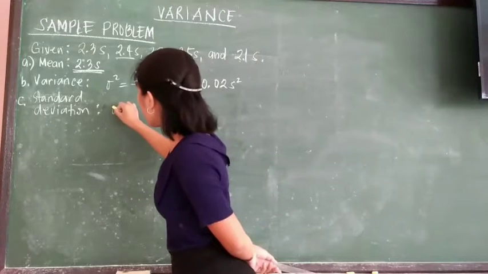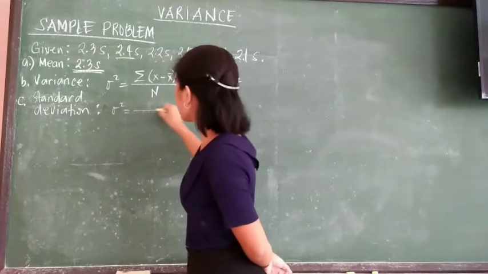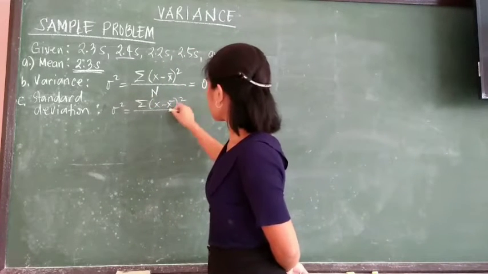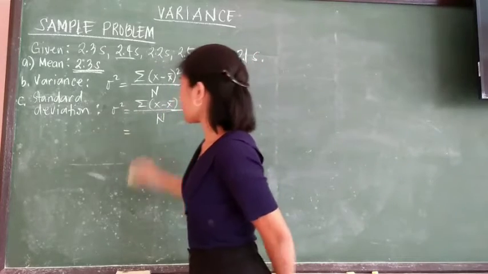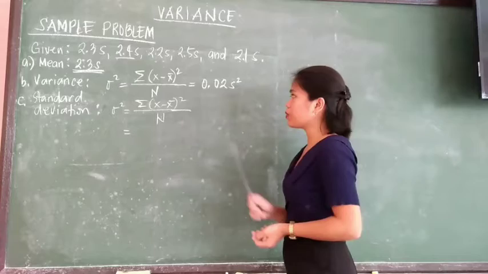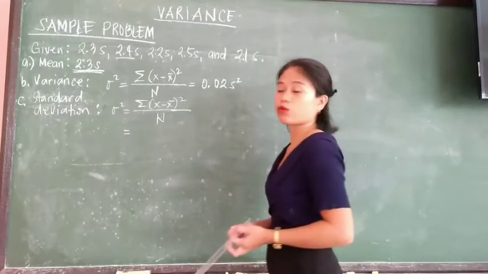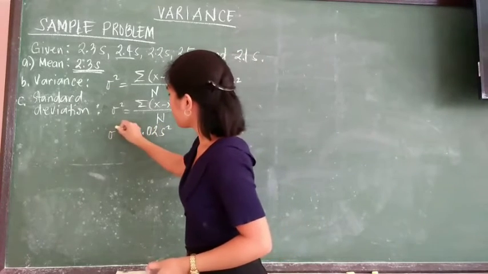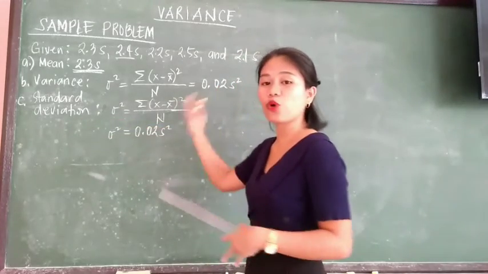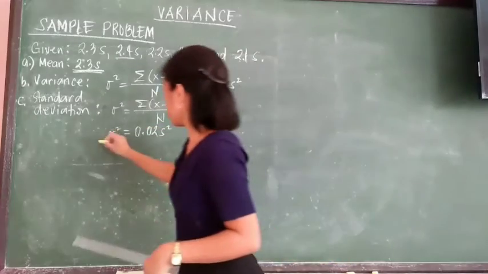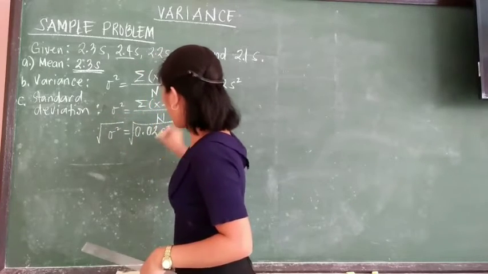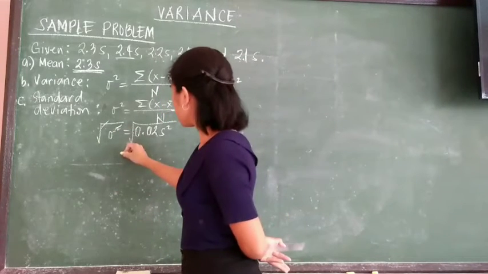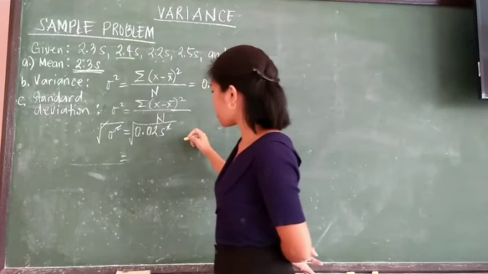Let's copy first the formula for variance. The exponent can be cancelled.